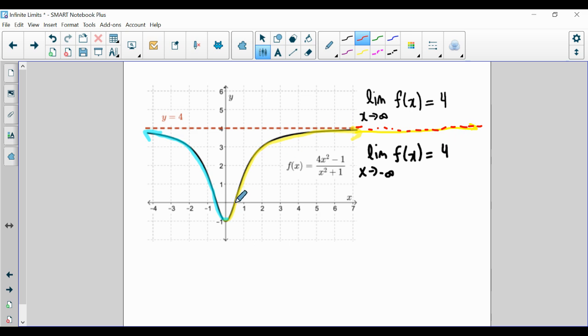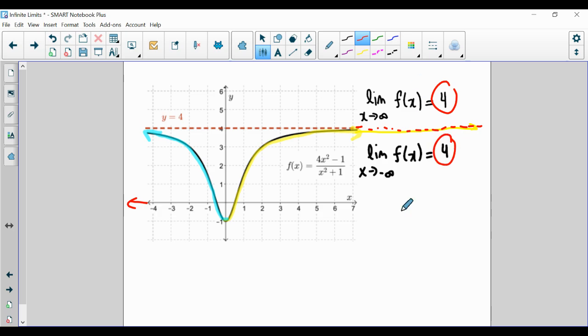But the limit as x approaches infinity of this function is still 4. And then negative infinity, same deal. There's the asymptote on this side, and this function is approaching the asymptote, and again, this goes on forever. The function is going to approach y equals 4 forever.